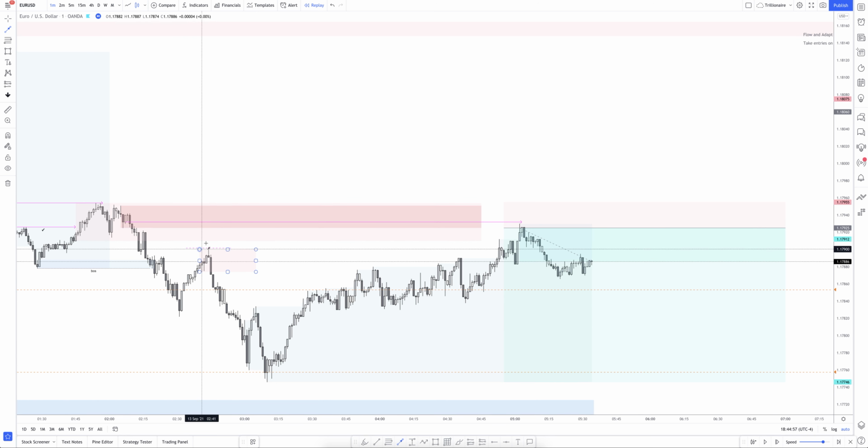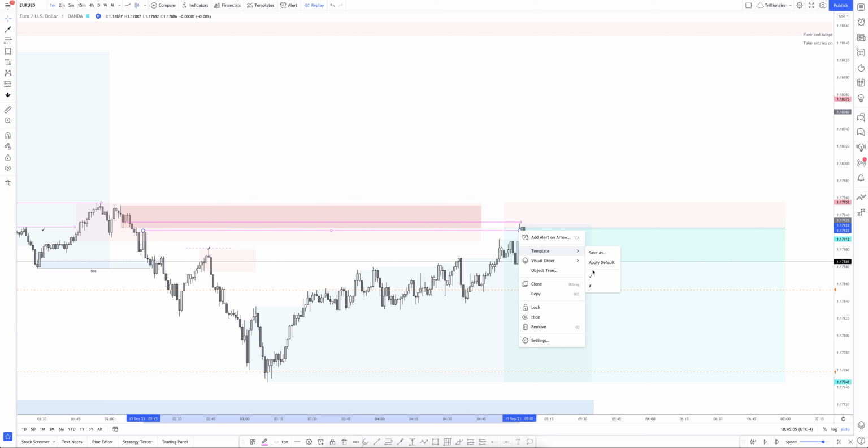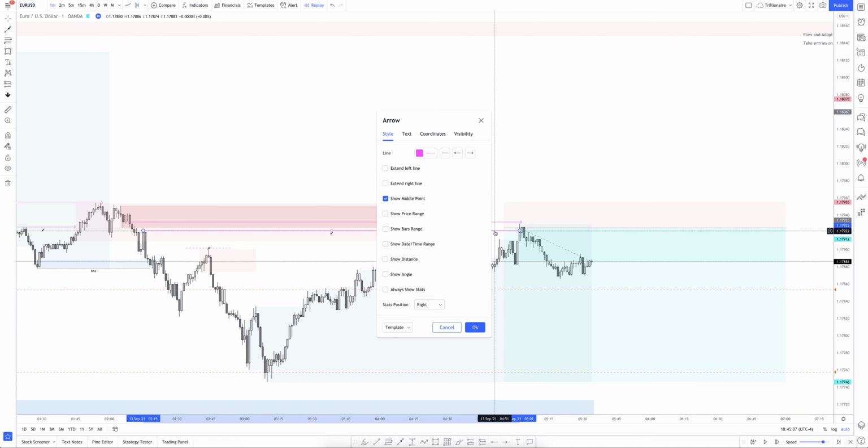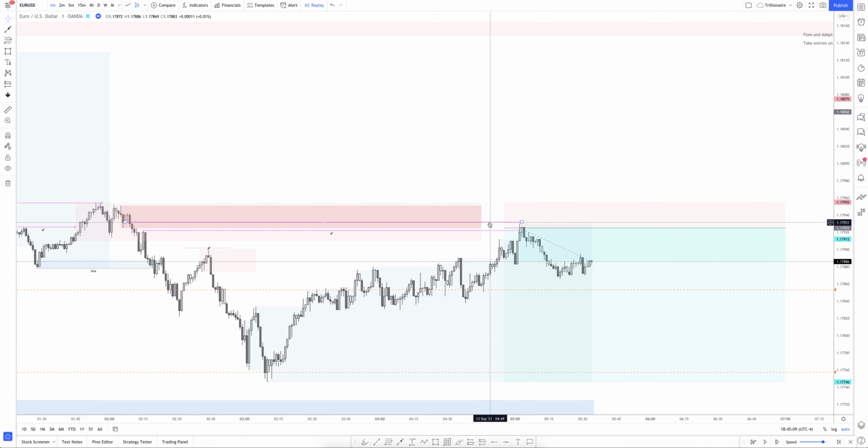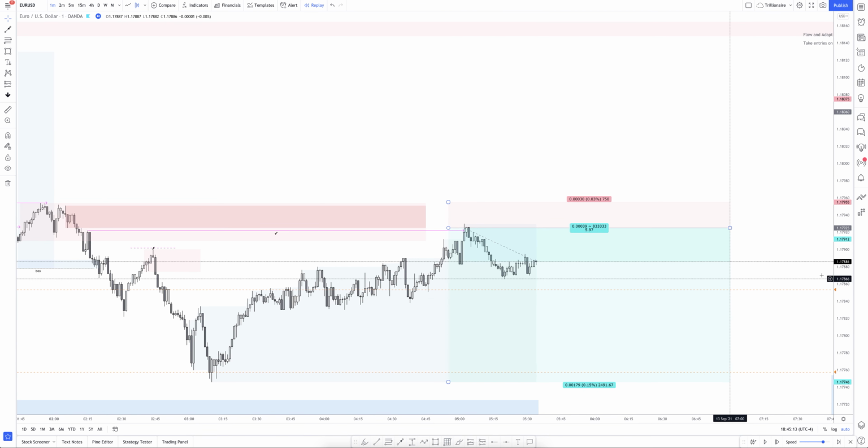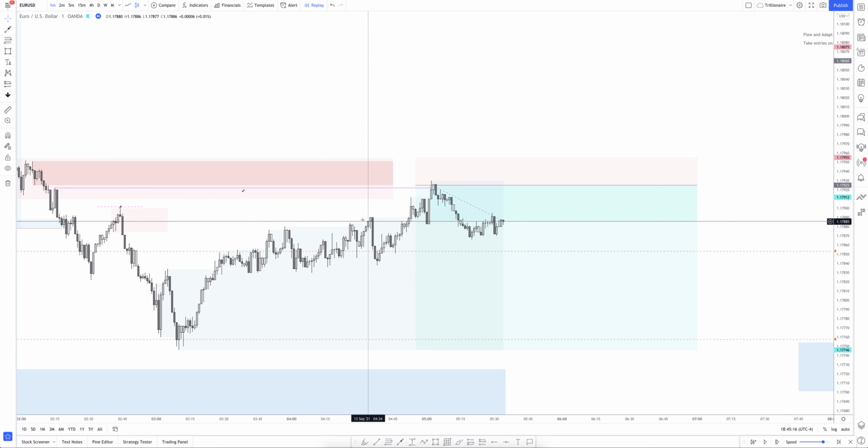We grab liquidity above these areas here, including this. And then price starts to push to the downside. So you have your break of structure.